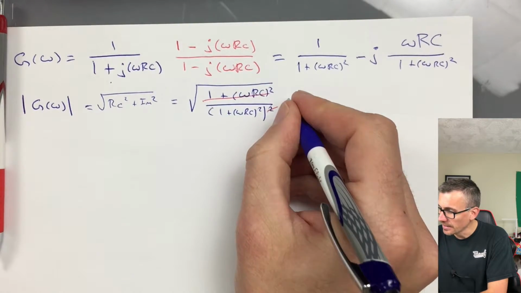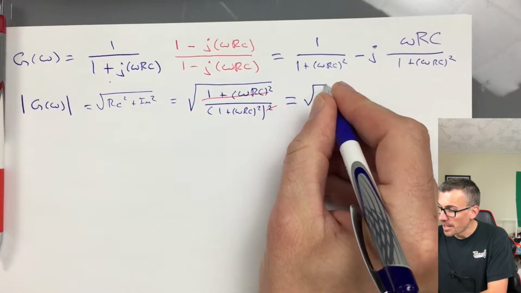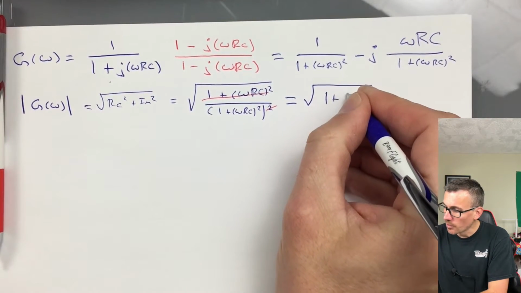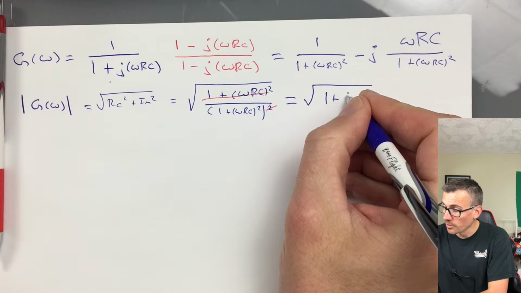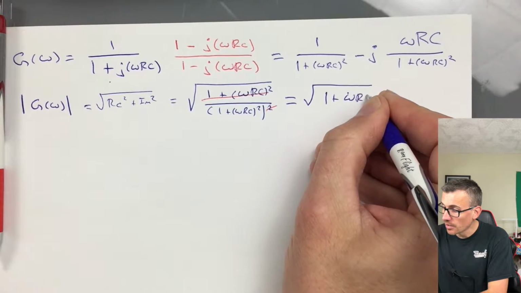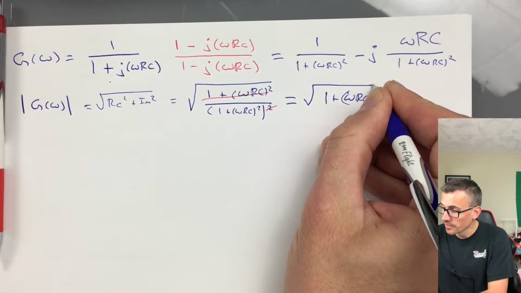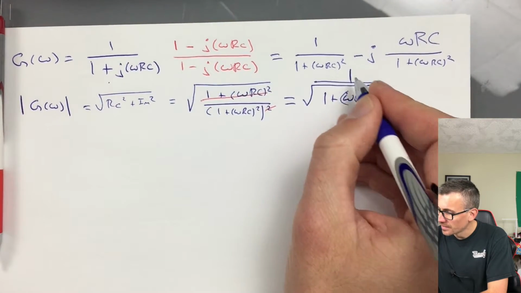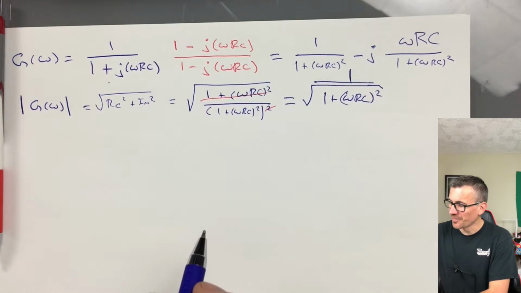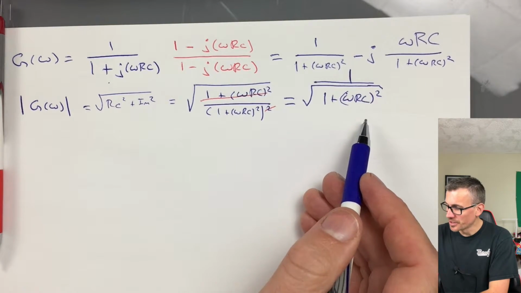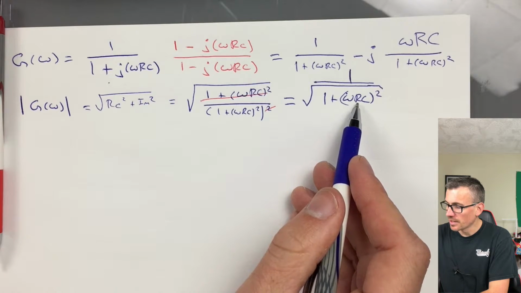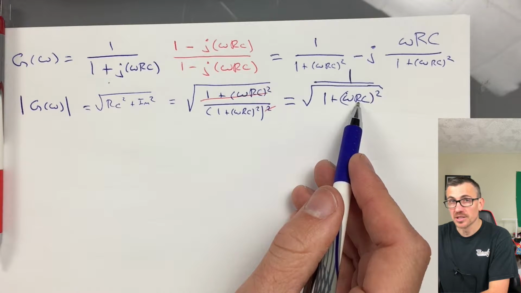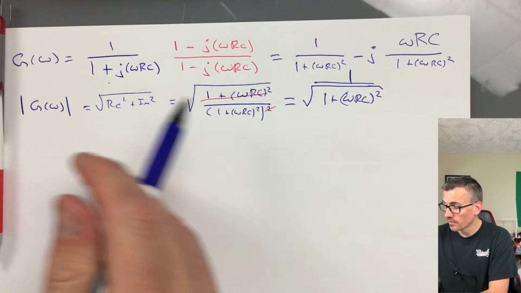And we see that the gain, the magnitude, this is how big or small the sine wave is, is given by the square root of 1 plus omega RC all squared. Oops, 1 over that. Sorry about that. And this confirms our earlier intuition, so that the gain, the magnitude, goes to 1 at omega equals 0 and 0 as we go to infinity.